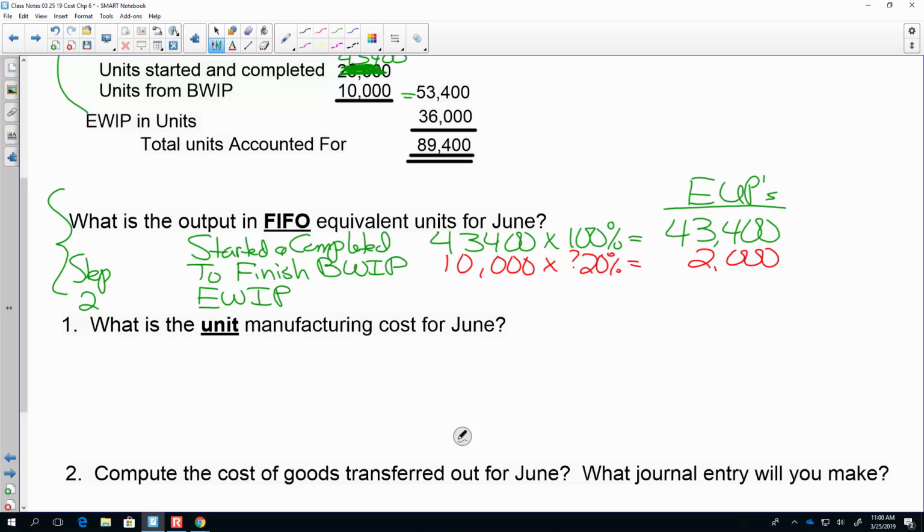How many units were in ending WIP? 36. How complete were they? 60%. Remember again, that was the effort done this month, right? We just didn't finish them. 21.6.